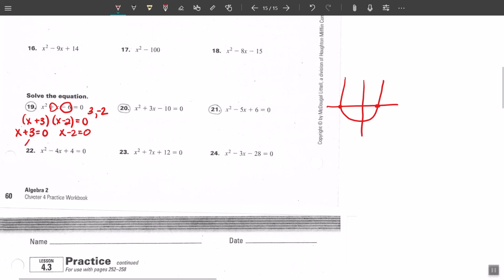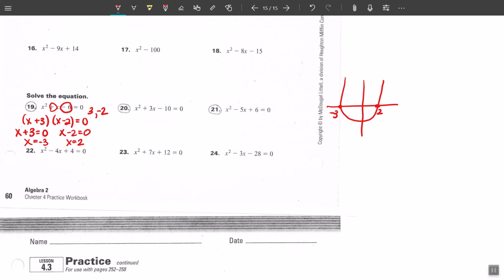And then if we solve, we can see that x equals negative 3 and x equals positive 2. So in my illustration over here, not to scale, but if we were looking at this, that would mean that this is x of negative 3 and this is x of 2 over here. Those are my solutions. It's where that graph is crossing that x-axis.